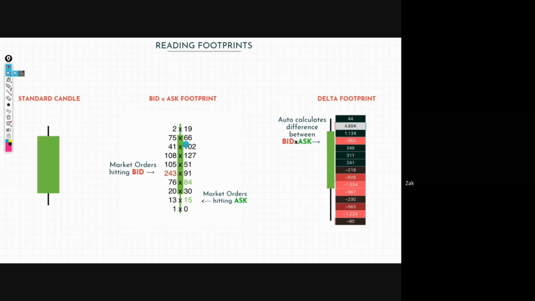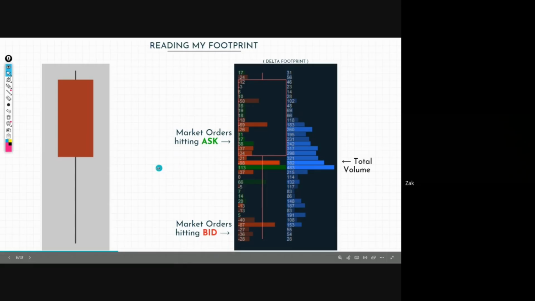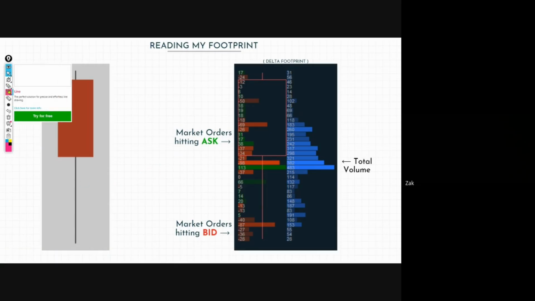So that is a pretty basic way of reading footprints. Now I'll show you what my specific footprint that I've designed looks like, so we have a reference point for what I'm using. My footprint is a delta footprint, and I've just added a study to it that also shows me the net volume. So just like the prior delta footprint, you can see buying market orders here, here, here.